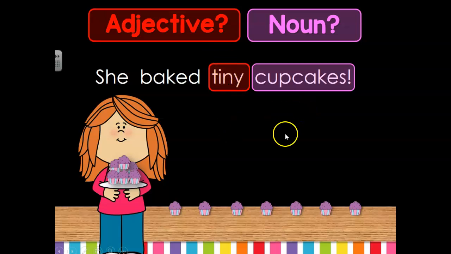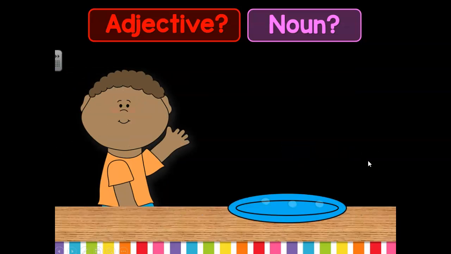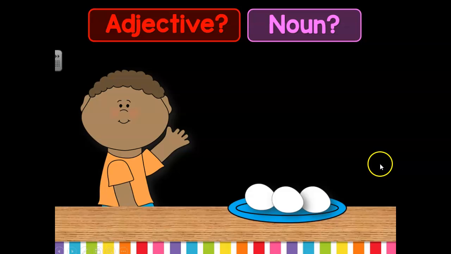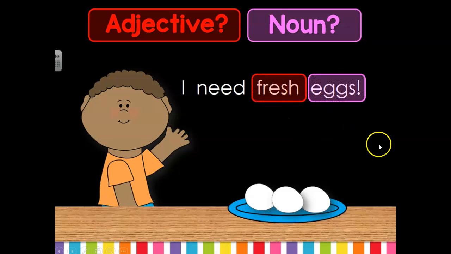It's the word that modifies the noun. I need fresh eggs. Name the noun. Eggs. What word describes the eggs? Yes, fresh. It modifies the noun eggs. That is your adjective.